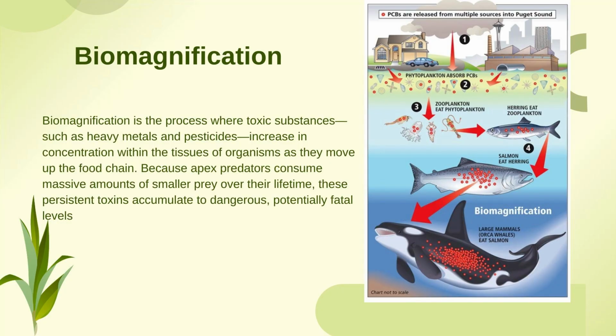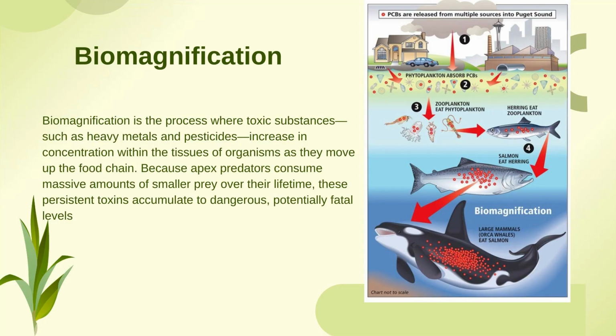Next, let's see biomagnification. In this process, toxic substances such as heavy metals or pesticides increase in concentration within the tissue of an organism as they move up the food chain. So as they move up the food chain, what happens?